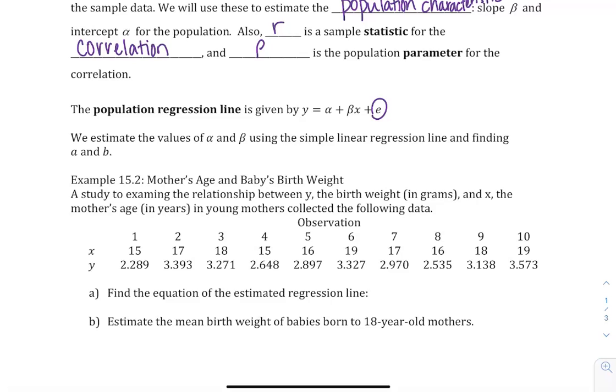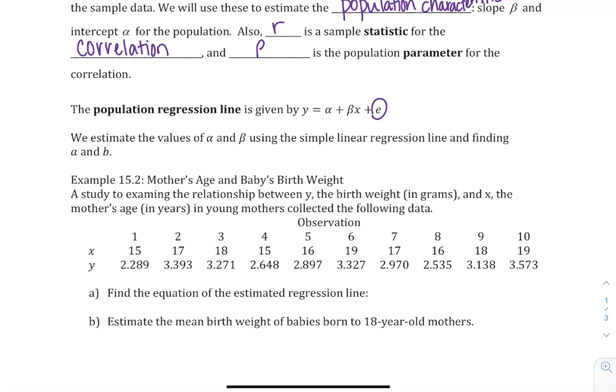It follows a particular distribution, but it reflects the fact that our data is not going to fall exactly on a line. So we need this bit of error in our population regression line. The ultimate thing to understand right now is that the regression line we calculate from sample data is trying to estimate the true population regression line. So we estimate alpha and beta using our a and b from our calculations in StatCrunch.